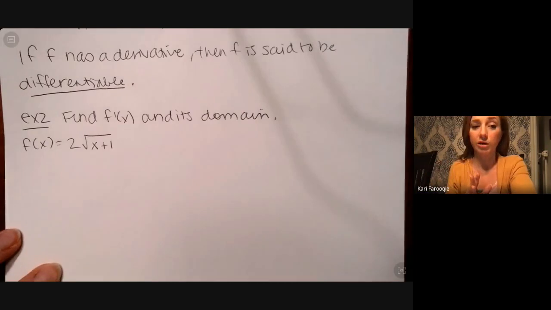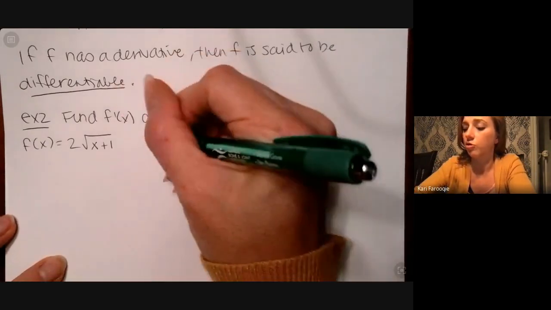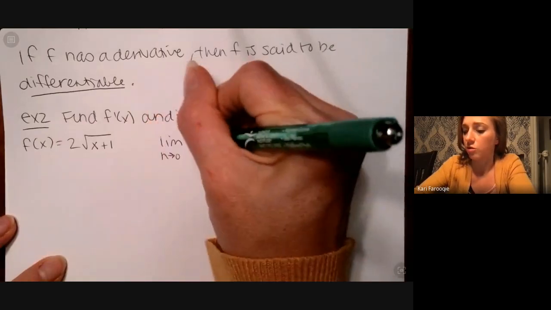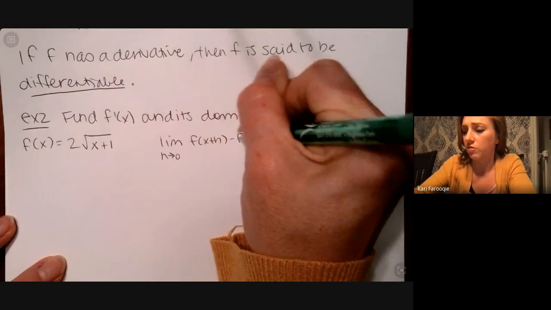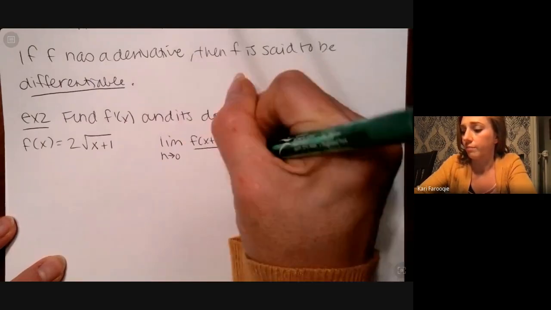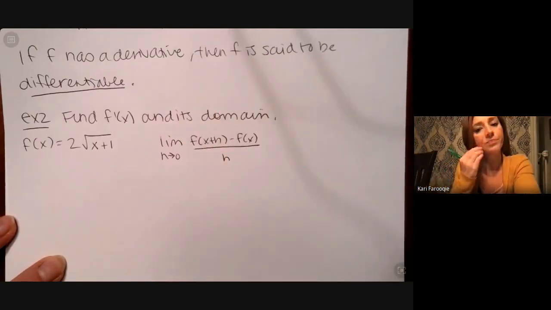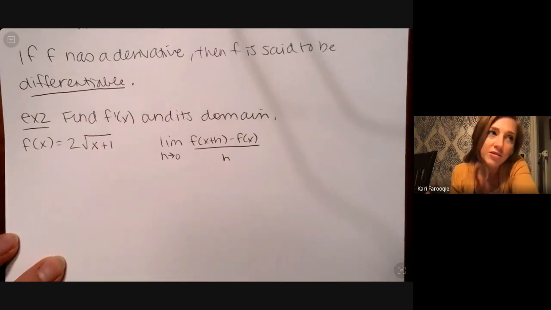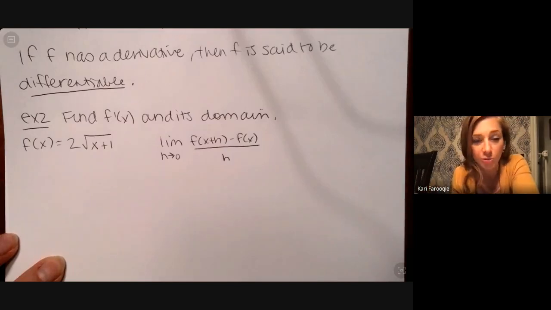In order to do that, I need to first work on finding the limit of this difference quotient. So recall that we have this limit as h approaches 0 of f of x plus h minus f of x divided by h. And as you might be thinking at this point, we have a limit, h is approaching 0, and we have a radical function.